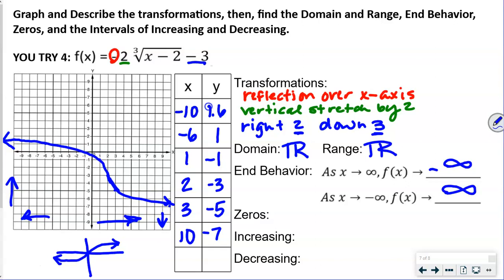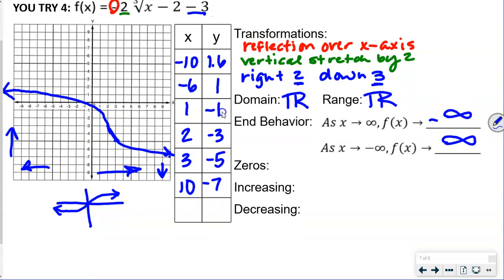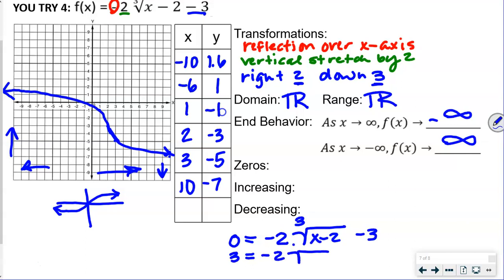Okay, so now when we talk about our zeros again, we're going to set that equation equal to 0. So we're going to say 0 is equal to negative 2 times the cube root of x minus 2, and then minus 3. So I'm going to add 3 to both sides. That's going to give me 3 is equal to negative 2 times the cube root of x minus 2.